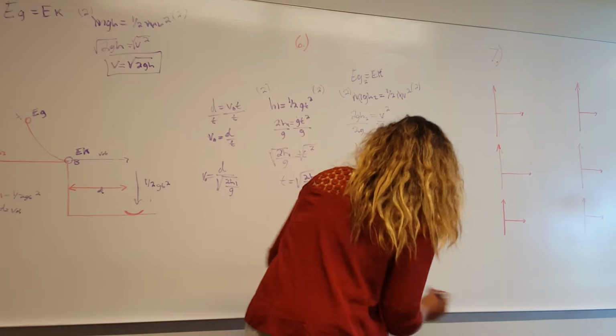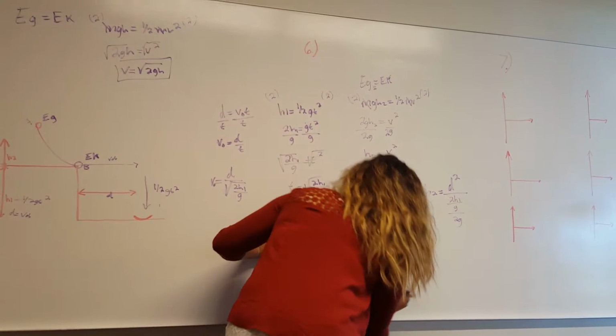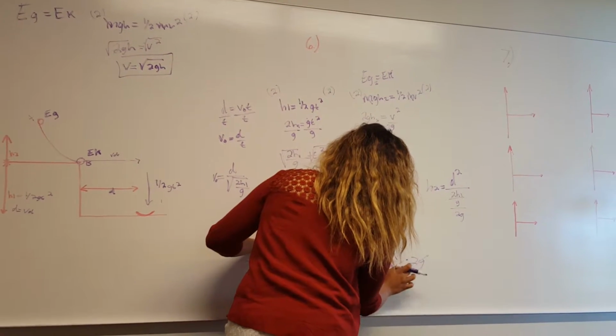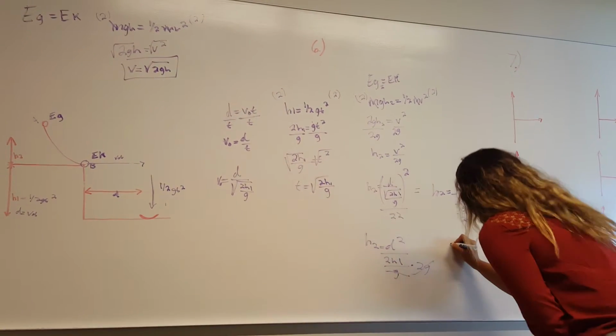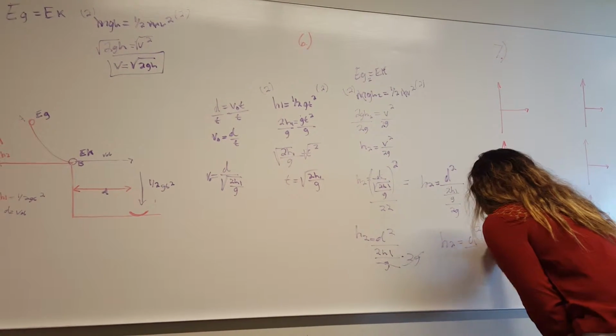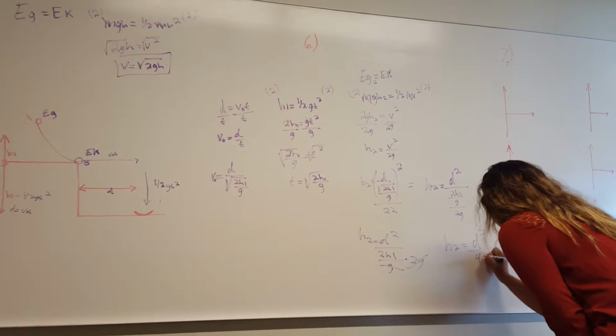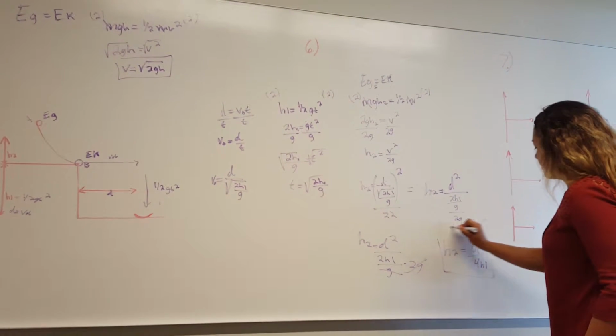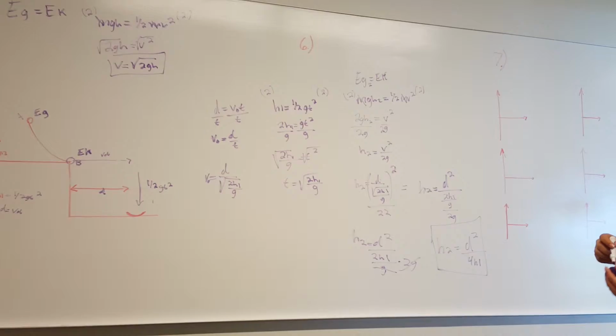Wait, no, this is a g. So then the g's cancel out. So you do 2 times 2, which is 4. So then you get H2 equals D squared over 4H1. And that is your answer for number 4.